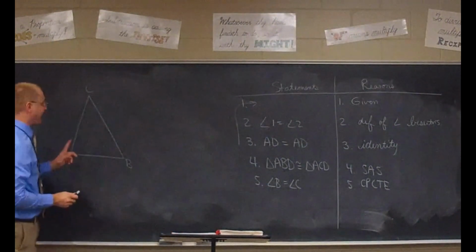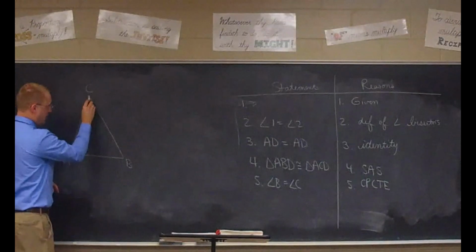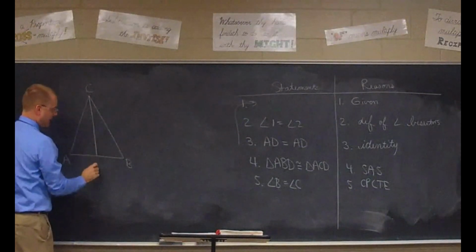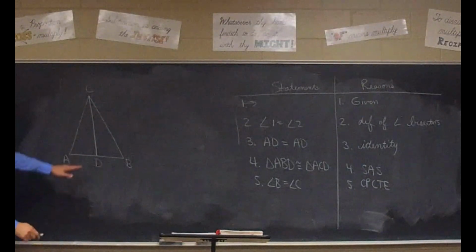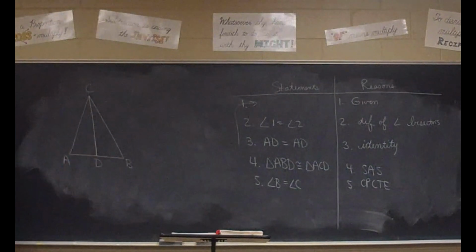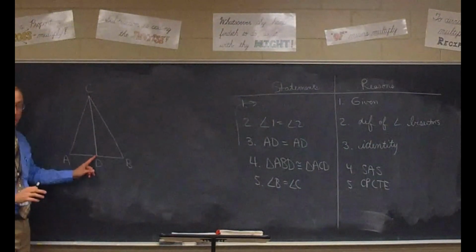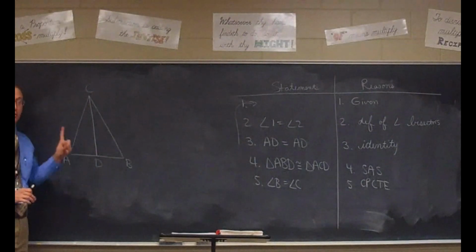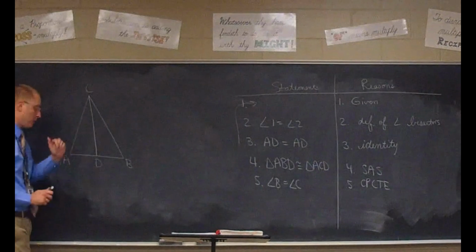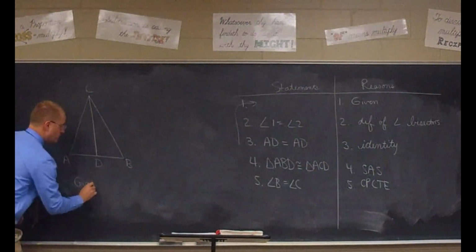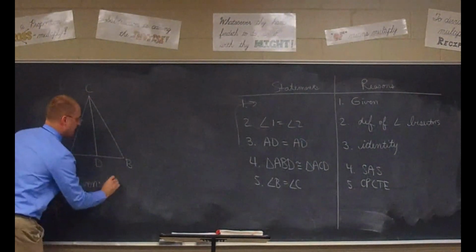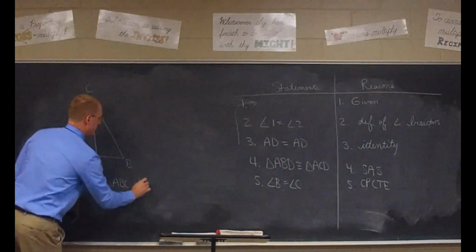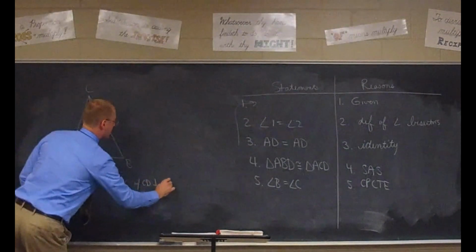I want you to draw a line now from C straight down to AB, and we'll call this point of intersection D. Now, it appears, based on the way I drew it, that this is perpendicular, doesn't it? Let's suppose for a moment that it really is perfectly perpendicular. In fact, in your given, we're going to be given triangle ABC with CD perpendicular to AB.